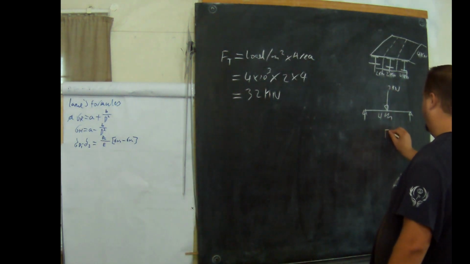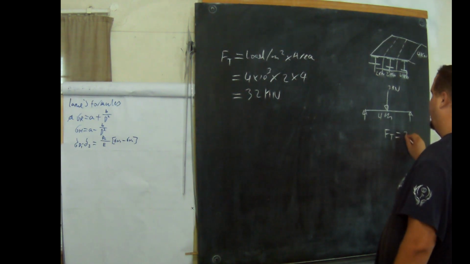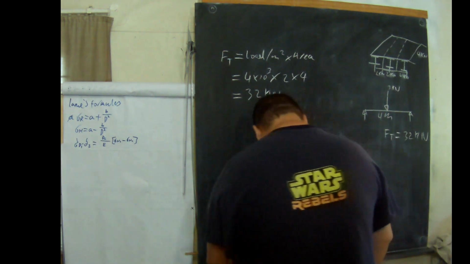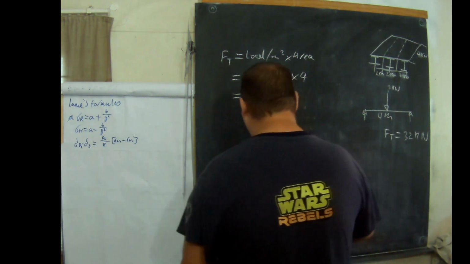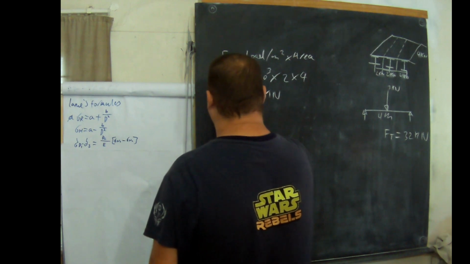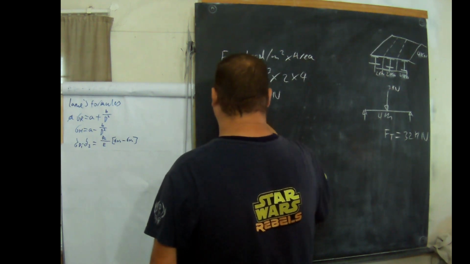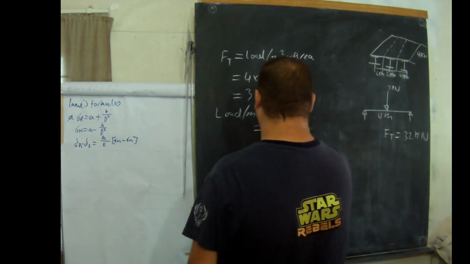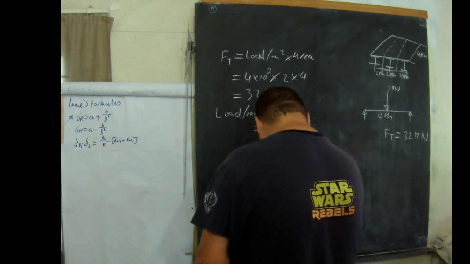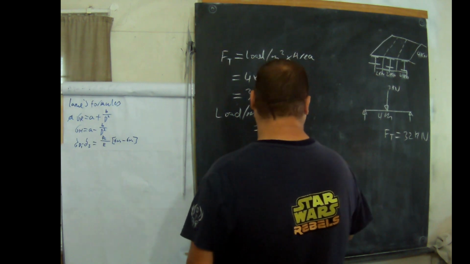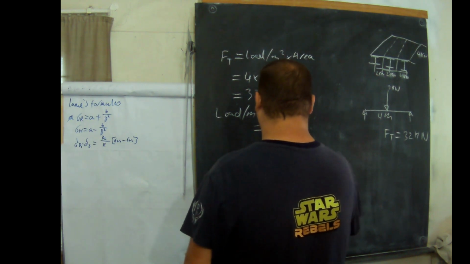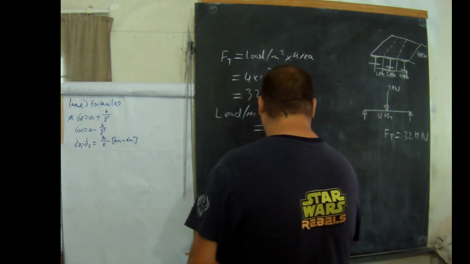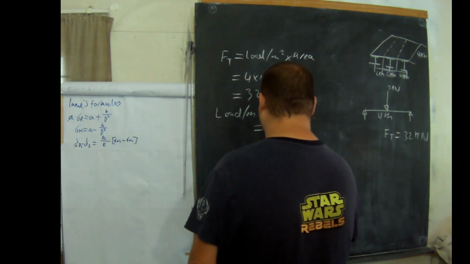So F_T equals 32 kilonewtons. Now the load per meter is F_T over L. So 32 kilonewton divided by 2, divided by 4 actually.